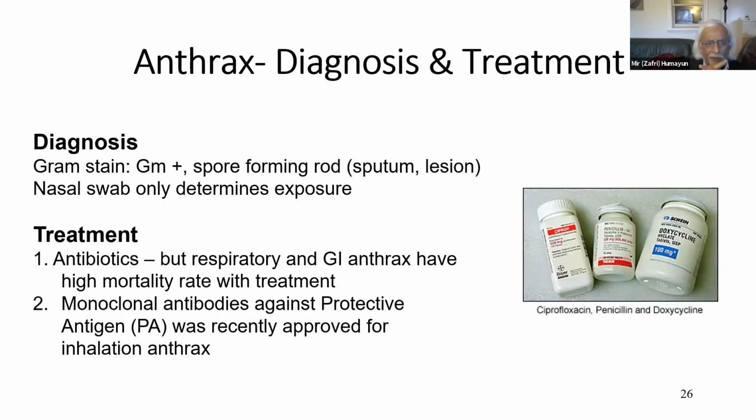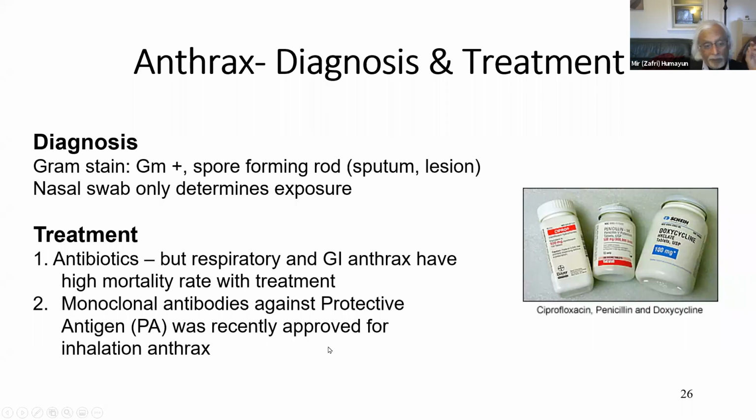Anthrax is diagnosed on the basis of gram-positive staining, the presence of spore-forming rods, and so on. For treatment, antibiotics can be used for respiratory and GI anthrax, but it doesn't prevent mortality sufficiently because by the time you discover an infection, a toxin has been made already.